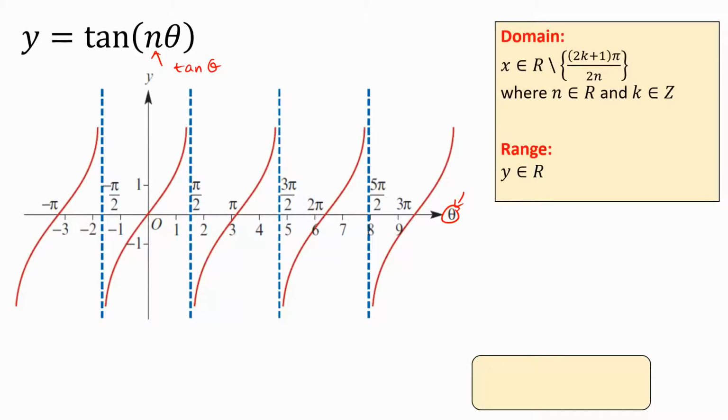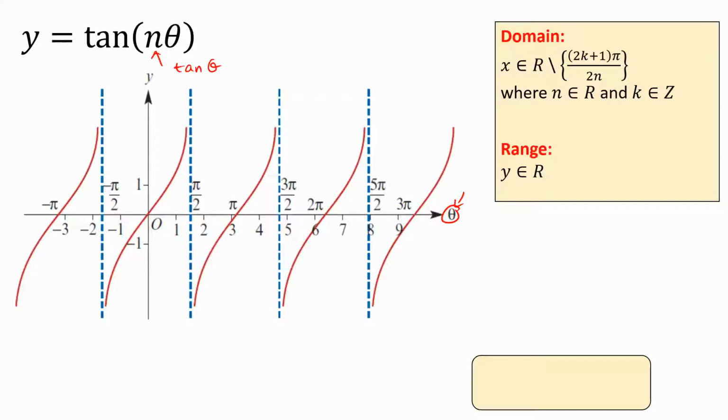So if we're talking about the domain, clearly the domain is all real values except for every time you get an asymptote, which I try to write like that. It doesn't say in your textbook, but I just wrote it my way. I said it's all real numbers except for, so the backslash except for, and I just wrote the asymptote. That's 2k plus 1 times pi over 2n, where n is any real number.